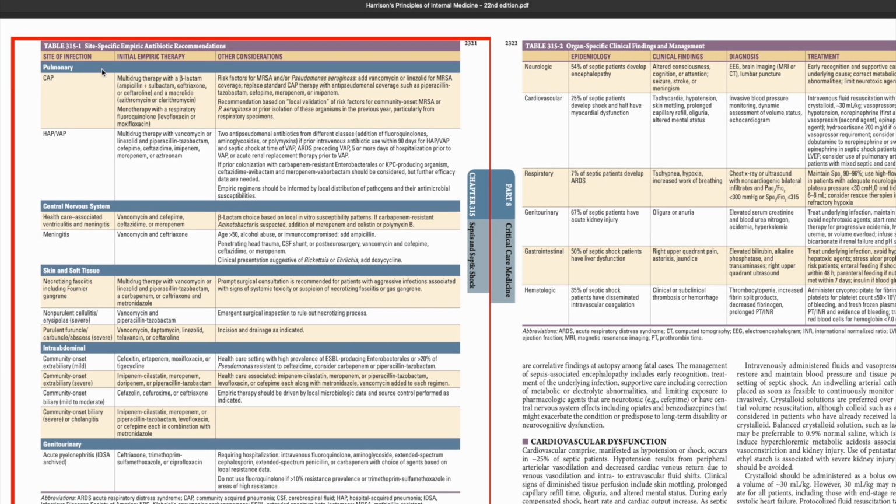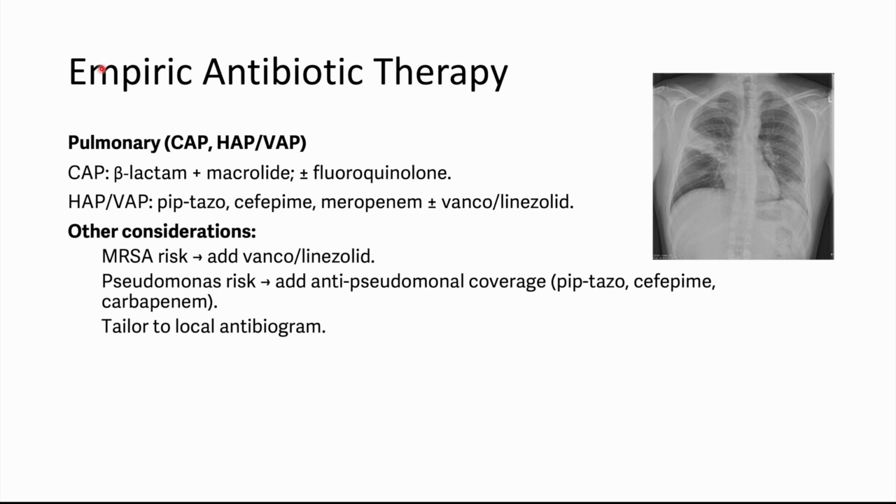So in case of pulmonary infections, community acquired pneumonia or hospital acquired pneumonia or ventilator associated pneumonia, use broad spectrum antibiotics. In community acquired pneumonia, you should use beta lactam plus macrolide plus or minus fluoroquinolone.